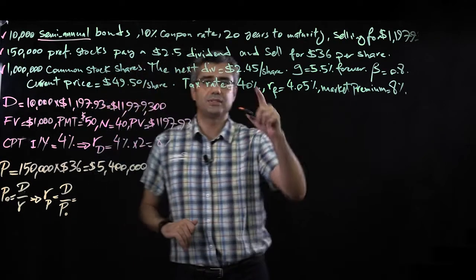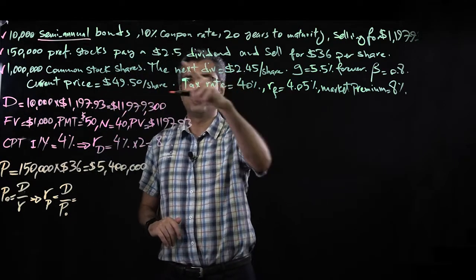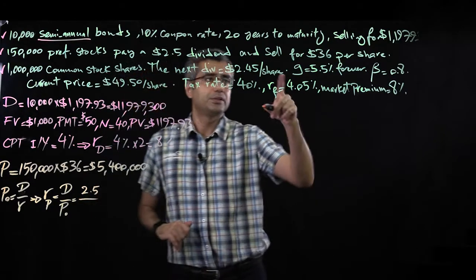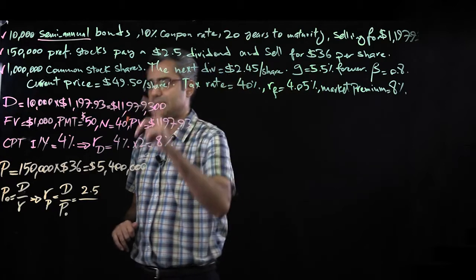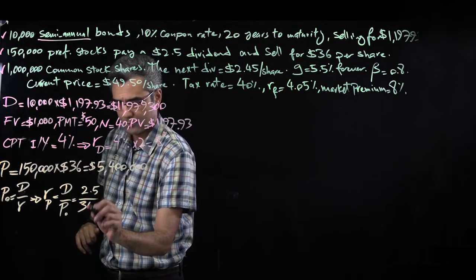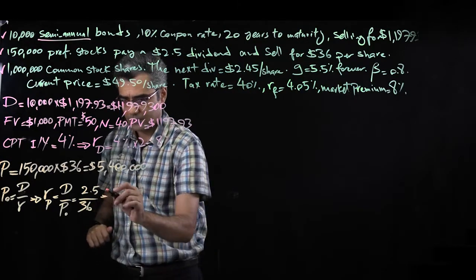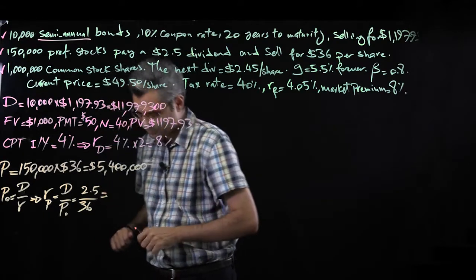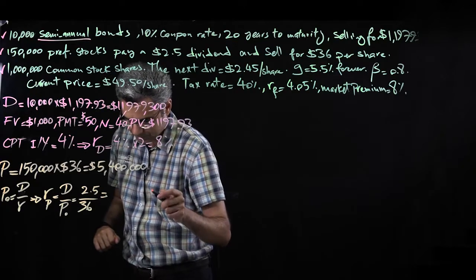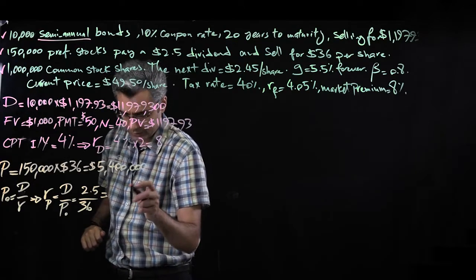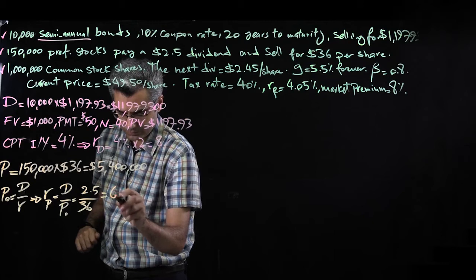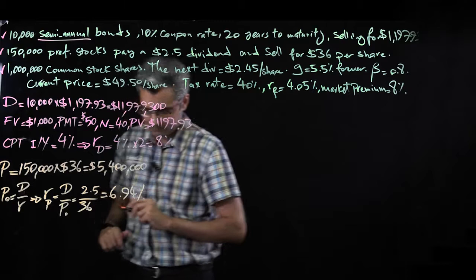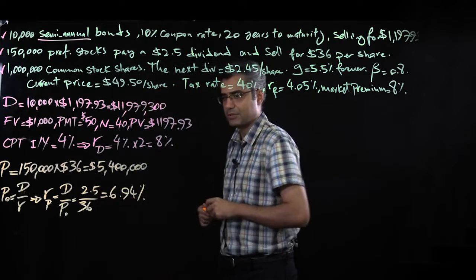What is the dividend? $2.5 divided by the price of $36. So the cost of preferred stocks will be 6.94%. This is the cost of preferred stock.